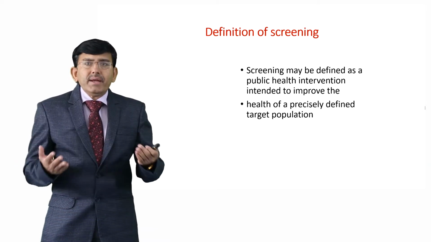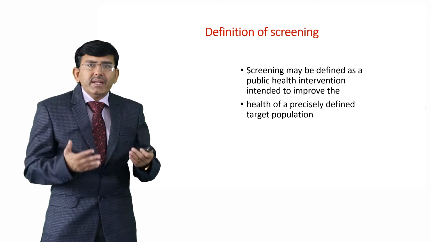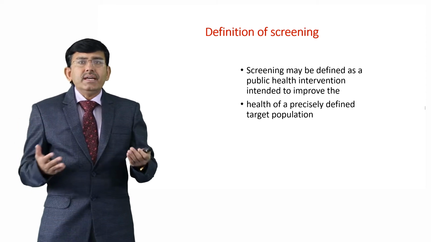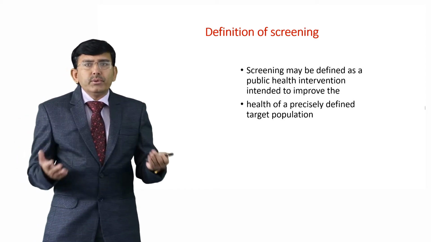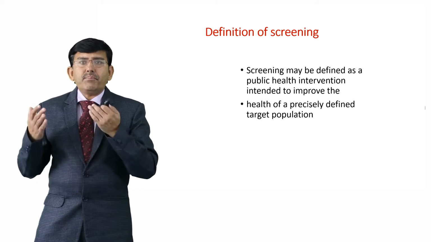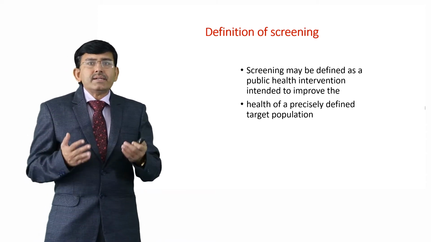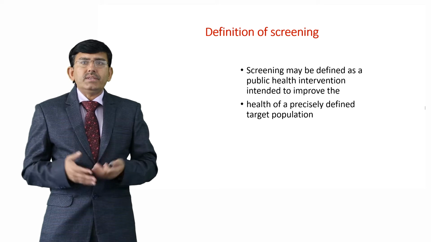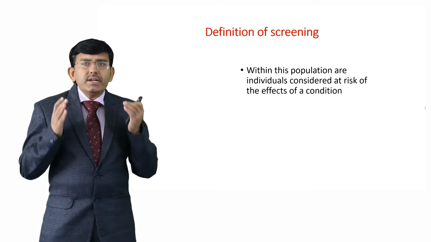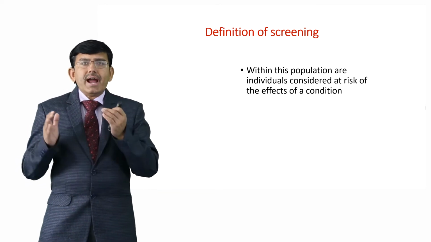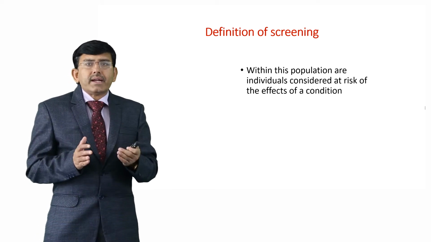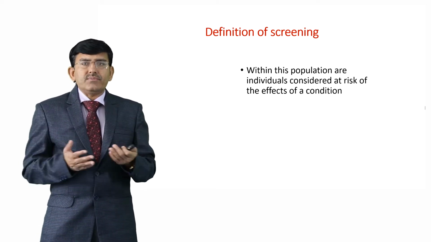Screening may be defined as a public health intervention intended to improve the health of a precisely defined target population. Within this population, we consider individuals at risk of the condition.